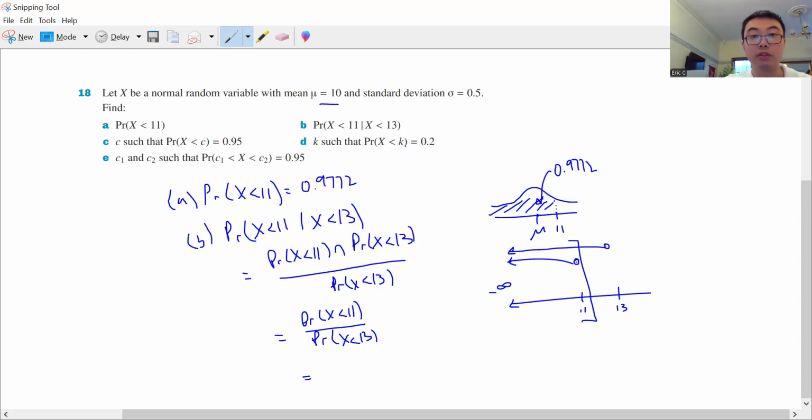So let's jump back to our CAS. In this case, whilst we've got the norm CDF there, we can just copy that function and then change the parameters inside the function.